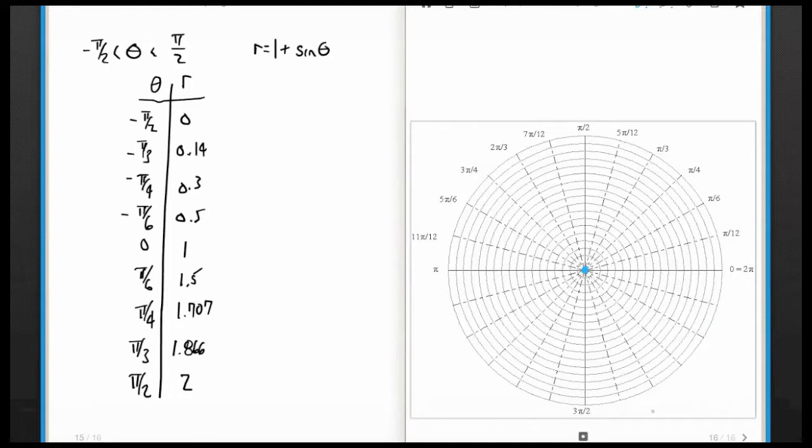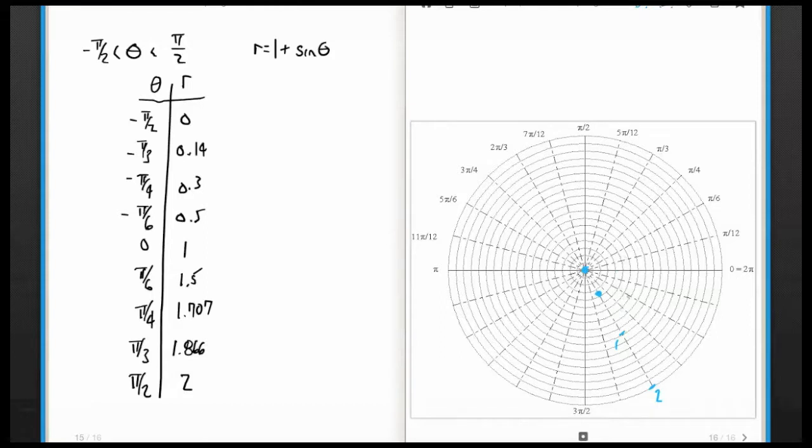The biggest radius I ever have is 2, so I'm going to call this 2 way out here, and then that makes this about 1. So 0.14 is way in here.